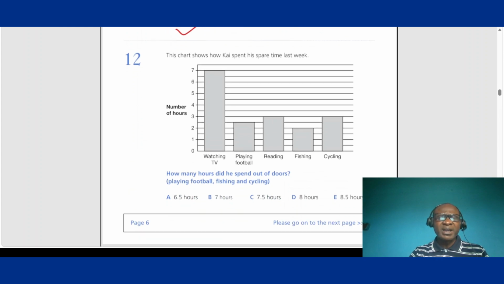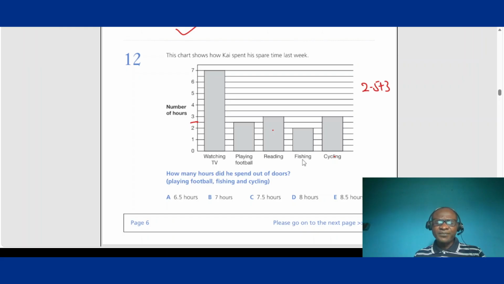Here we are given how many hours did he spend out of doors playing football, fishing, and cycling. So this is 2.5 hours for football. For cycling is also 3 hours.